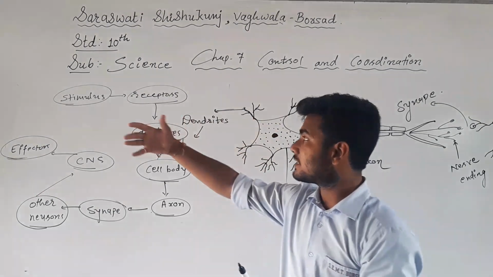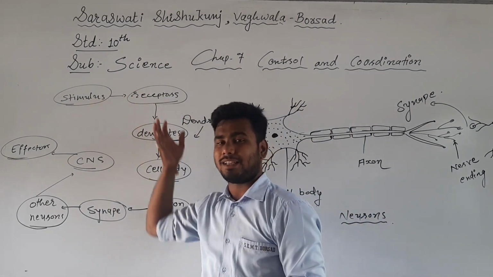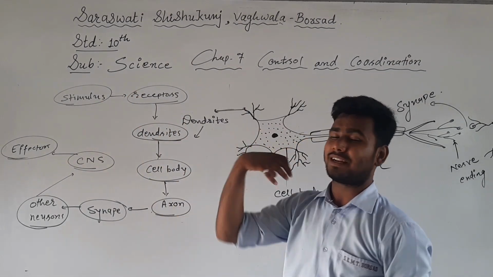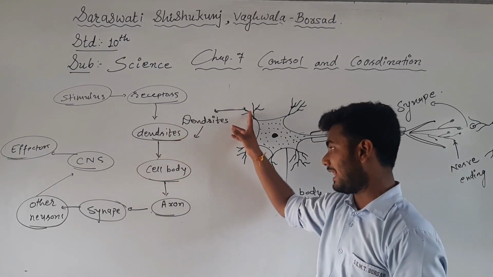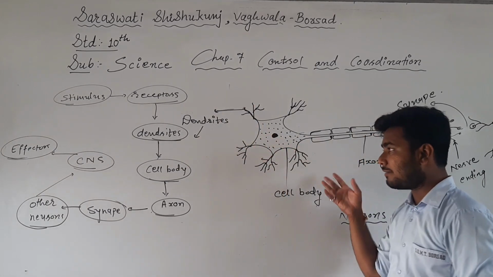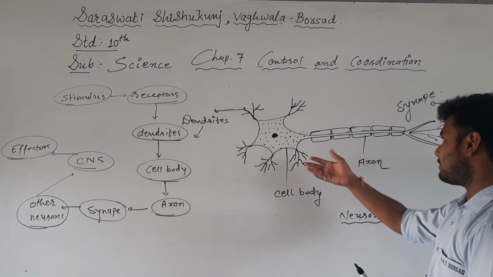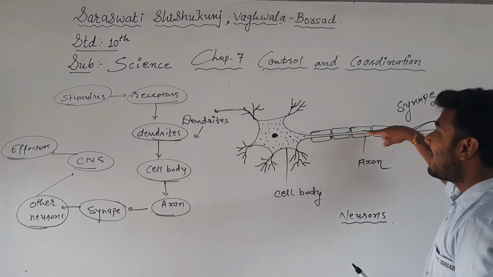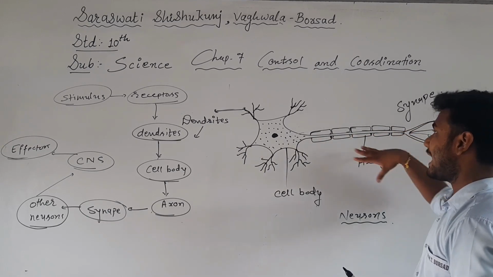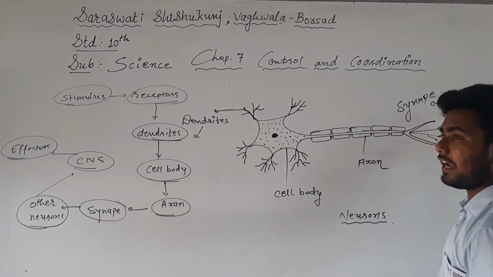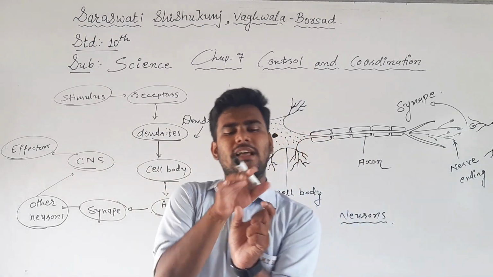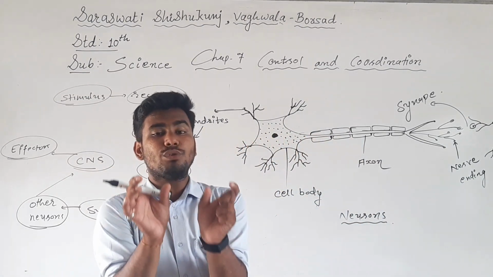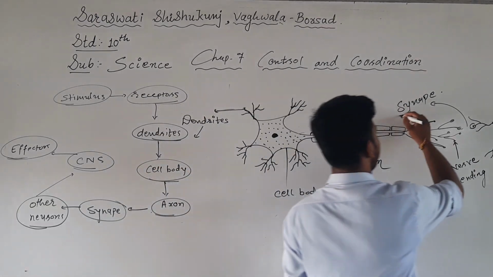So the stimulus will be accepted by the receptors. The receptor will send a signal in the form of electrical impulse to the dendrites of the cell. From that, it will pass to the cell body, which contains nucleated cytoplasm, and then to the longest fiber, our axon, through the nerve ending. The gap between the nerve ending and the other dendrite, the gap between two neurons, is known as the synapse, right?